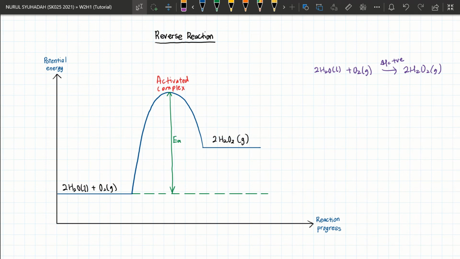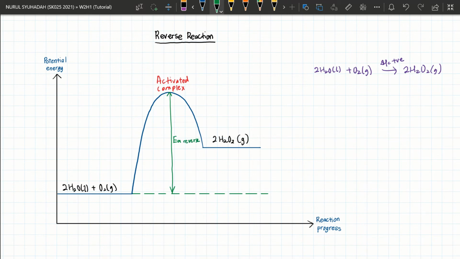Since we have two different graphs here, I already labelled this one as reverse reaction, so I can just put EA here, or I can also put it as EA reverse.